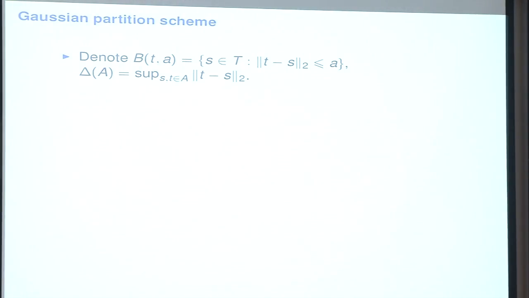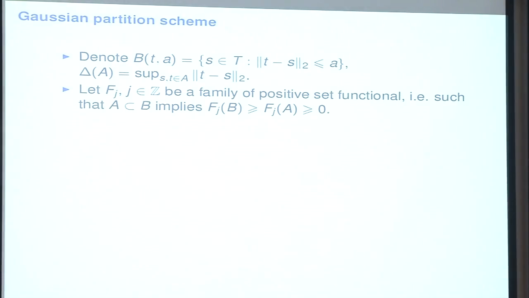So I go through the Gaussian situation, and there I will comment on where the difficulties are when I want to extend this idea to the case of, say, canonical processes, and in general, obviously, we mean to do something with random signs. And the point is that we would like to have something that computes the expectation of the supremum in time that is polynomial in the number of elements in the set T.